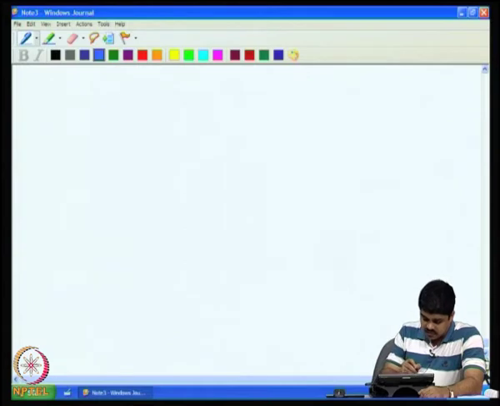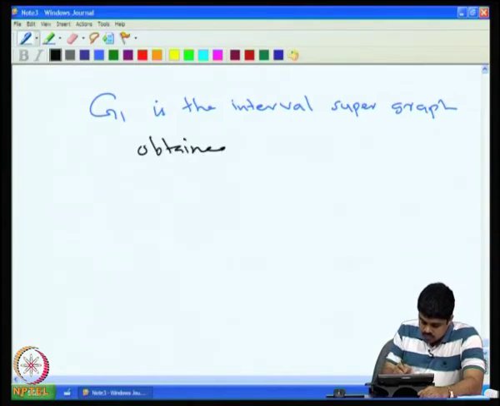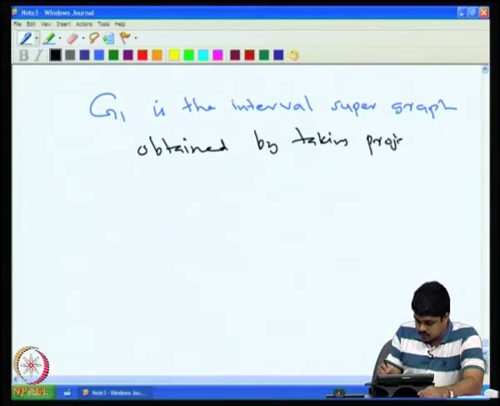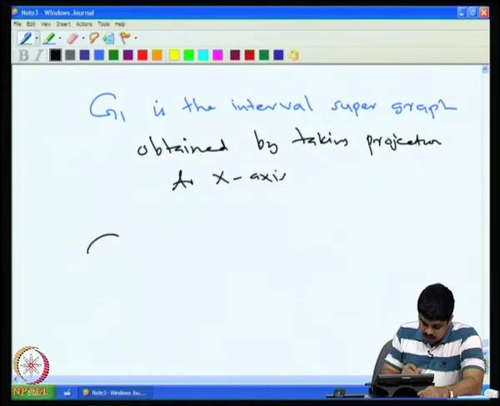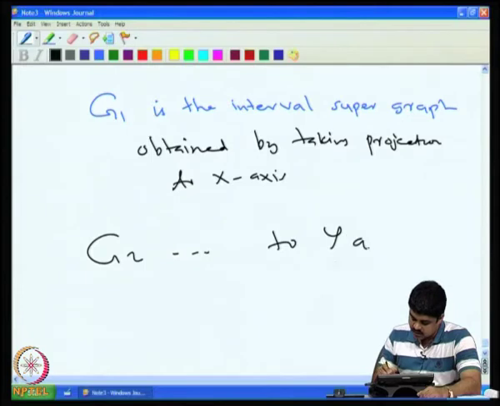So, the interesting thing, for instance, suppose G1 is the interval super graph obtained by taking projections to the x axis, and G2 is the interval supergraph obtained by taking projections to the y axis.